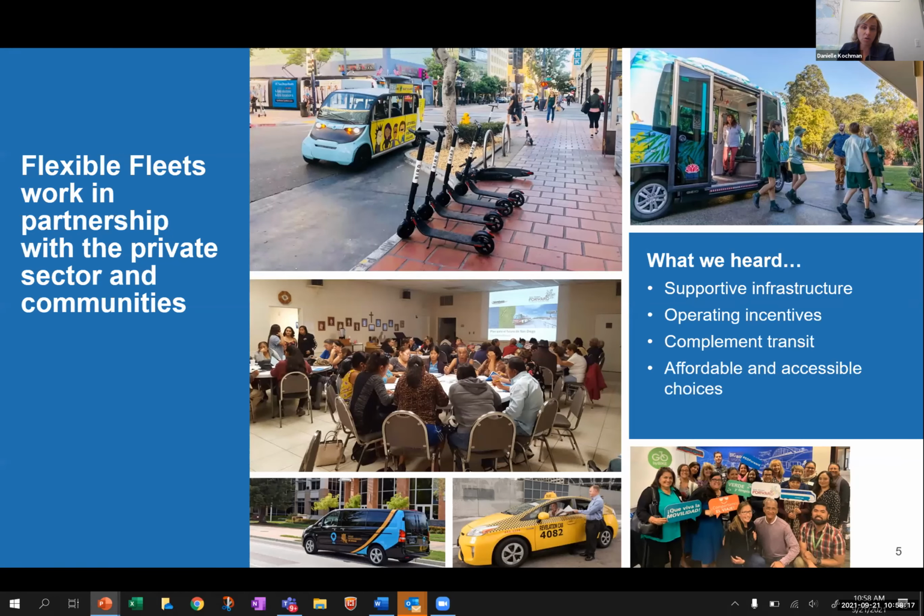And also, there's a lot of private sector providers of flexible fleet services. We really envision a future where we're not only working with our public sector partners like jurisdictions, nonprofits and specialized transportation providers around the county, but also these private companies to really figure out how we can all address the issues and challenges in the transportation world, and work together in a variety of different models, where there could be a private sector lead or a public sector lead.